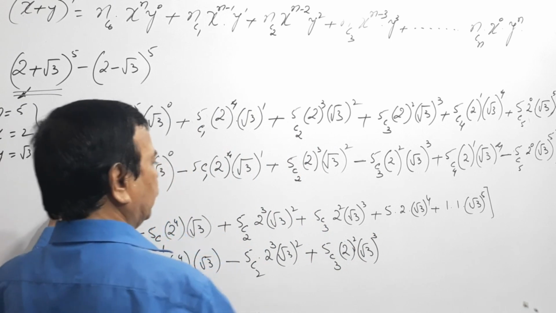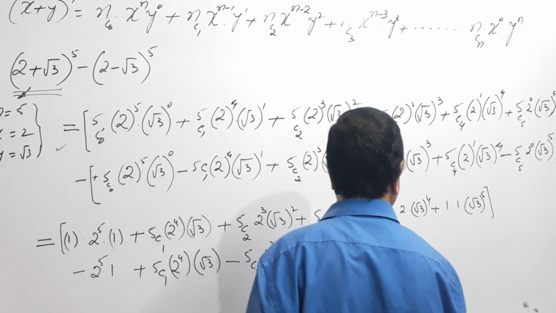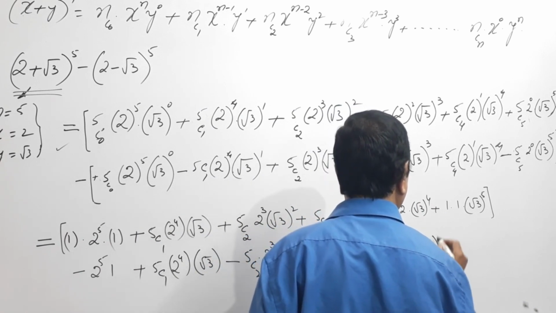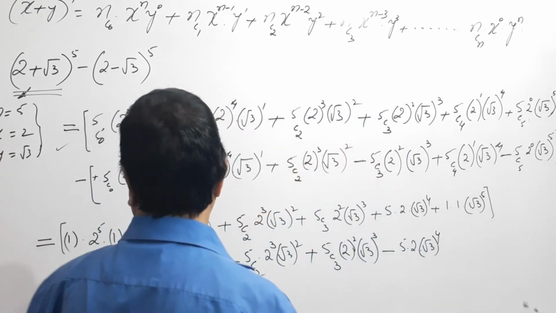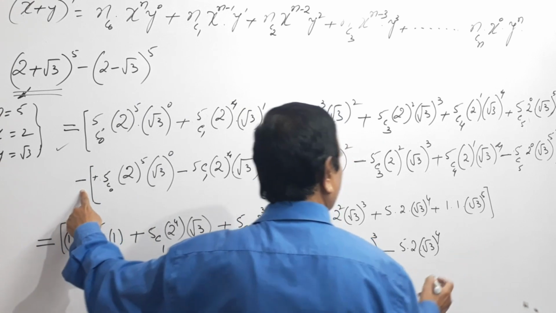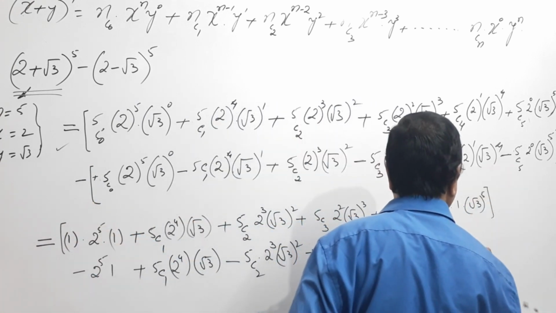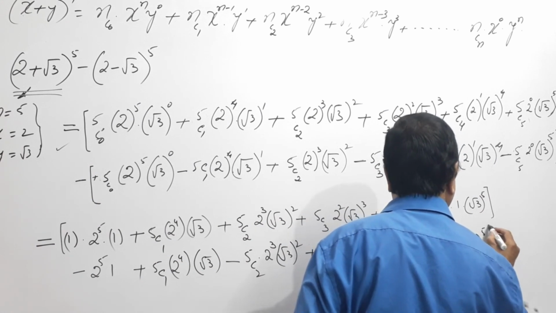So again minus into plus, it becomes minus 5 into 2 into root 3 to the power of 4. So again minus into minus plus root 3 to the power of 5.